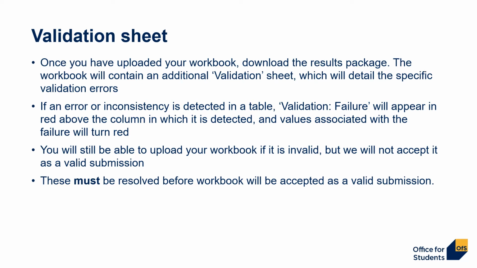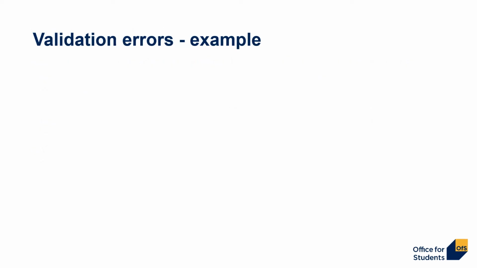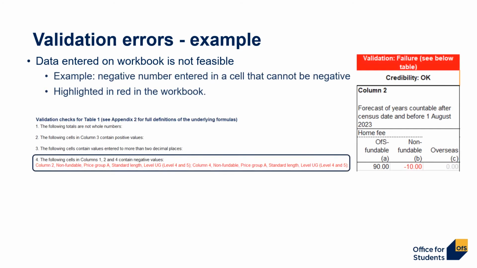Let's see an example. Remember, validation errors occur where data is not feasible, rather than it just being unlikely. In this example, a negative number has been entered in a workbook cell that cannot be negative. Entries in column 2 cannot have a negative count of years of instance.